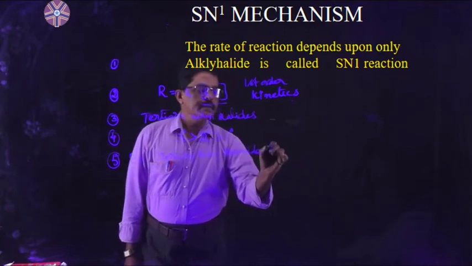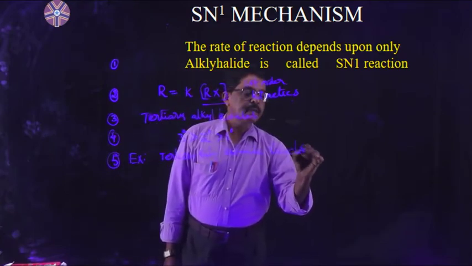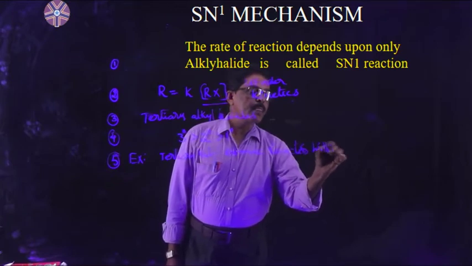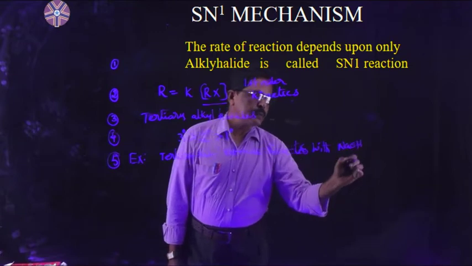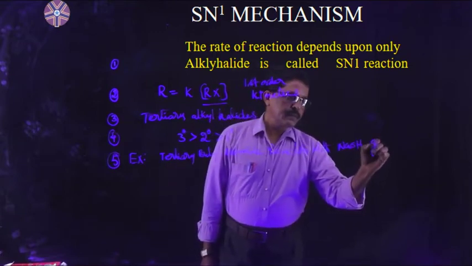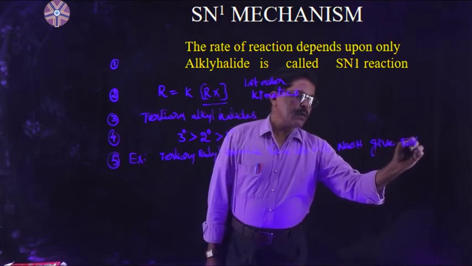Tertiary butyl bromide reacts with NaOH and gives tertiary butyl alcohol.